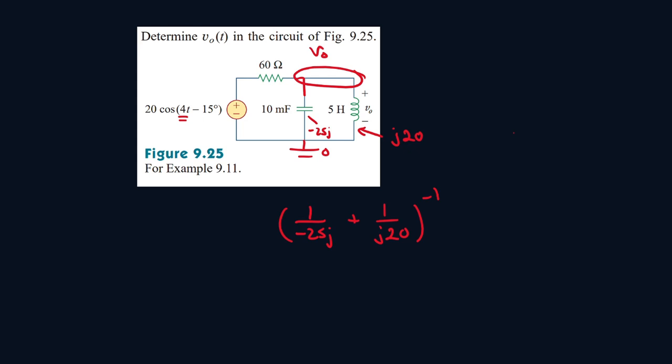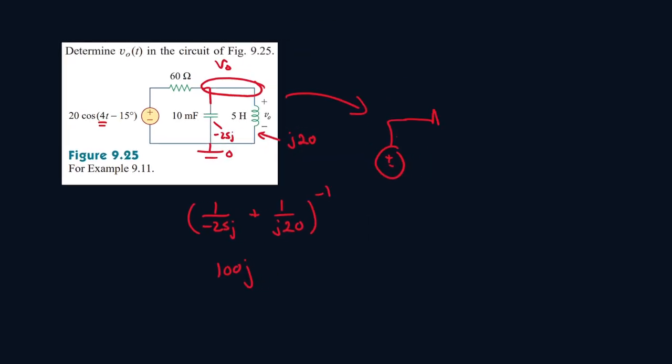Okay, so you should get 100j. So we can rewrite the circuit as the following. This will be 100j, 60 ohms. The impedance for the resistor is also going to be 60 ohms.